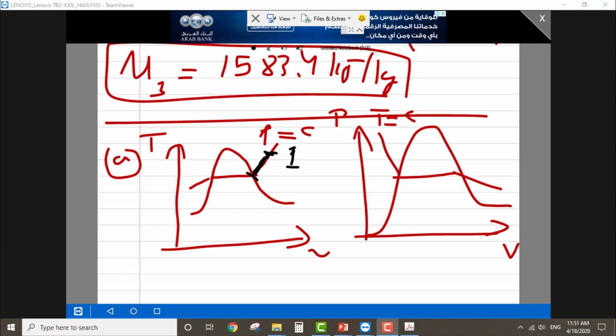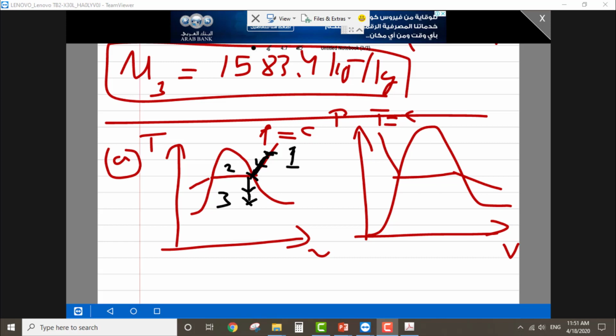Here is state 2, and we find out that state 2 is saturated vapor. Now state 3 happens at a constant volume, and state 3 is located in the mixture region. Here is the mixture region, and V is constant.